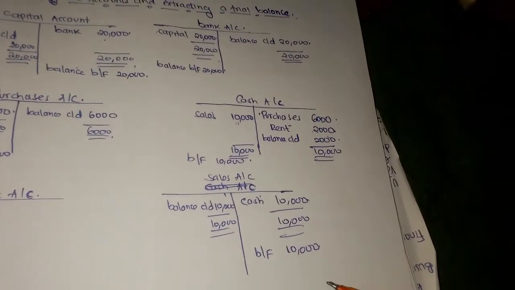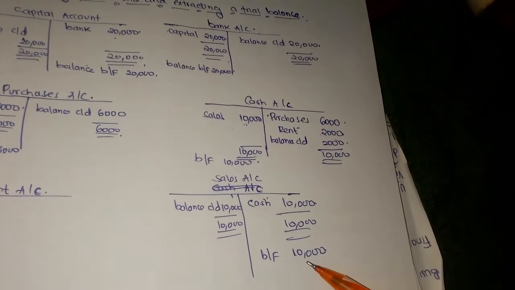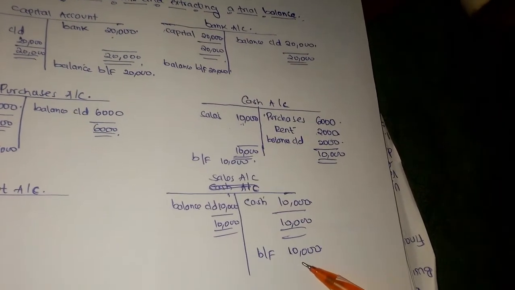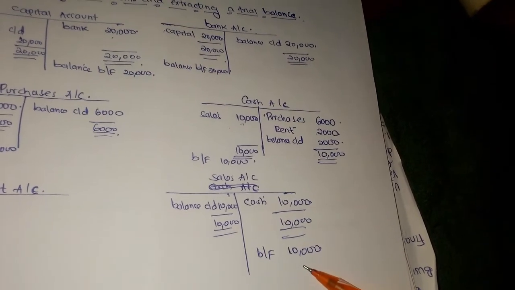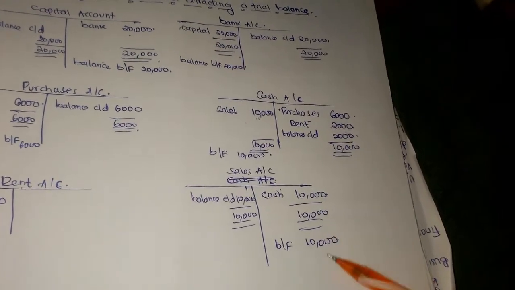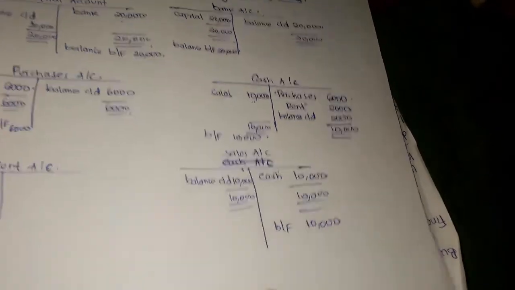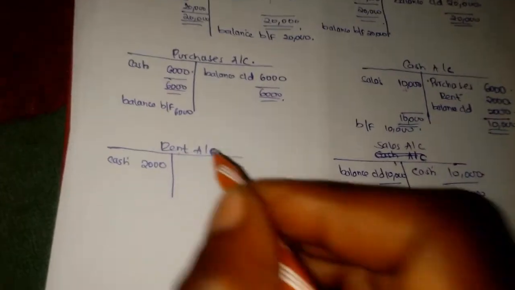And remember, the key point here, where I put my balances brought forward is where I'll come back and pick it when I'm balancing the trial balance. So be keen with which side you're recording your balance brought forward.